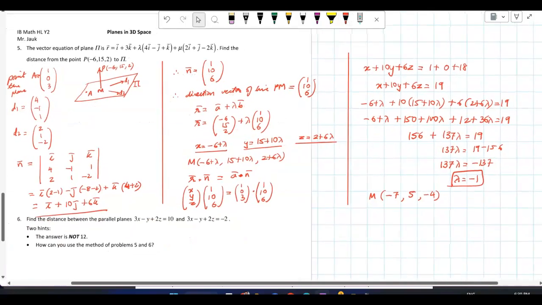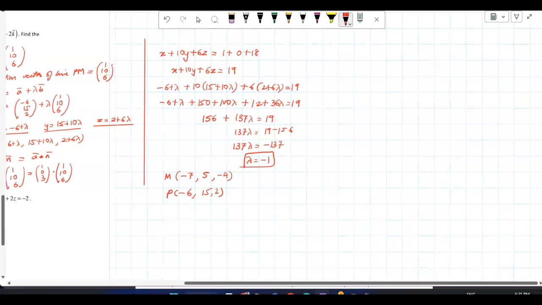Now P, now you can use the distance formula, or you find a vector and you find its magnitude. Since we are doing vectors, we'll find vectors. So PM or MP, it does not matter.